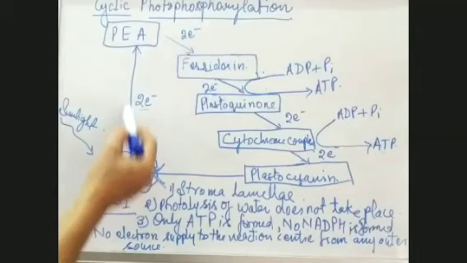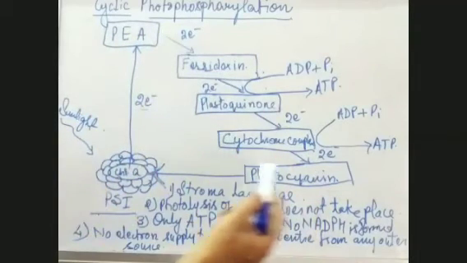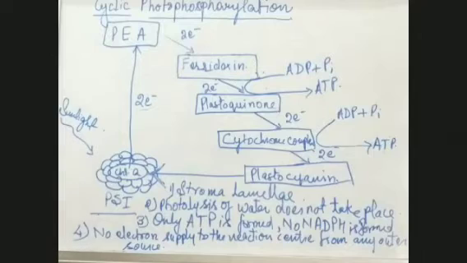The same electron is moving in a cyclic manner and reaching the reaction center. So these are the important points of cyclic phosphorylation, and you have to keep in mind.